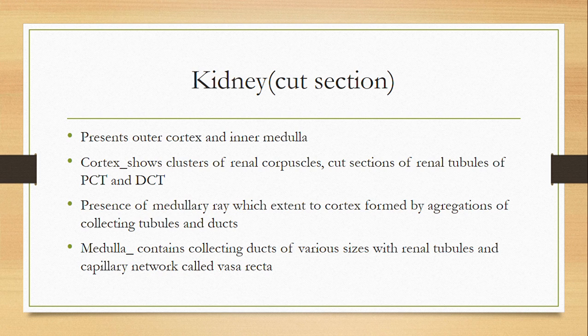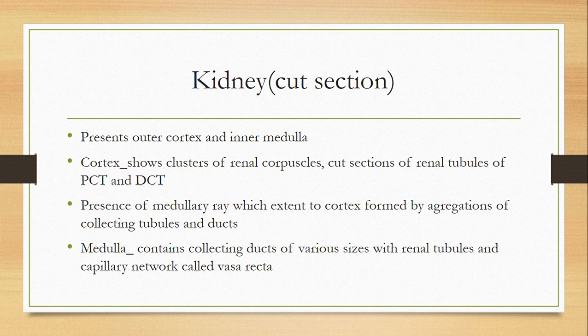The right and left kidneys are present at the posterior wall of the body. The kidney is made up of nephrons. The single unit of the kidney is known as the nephron.